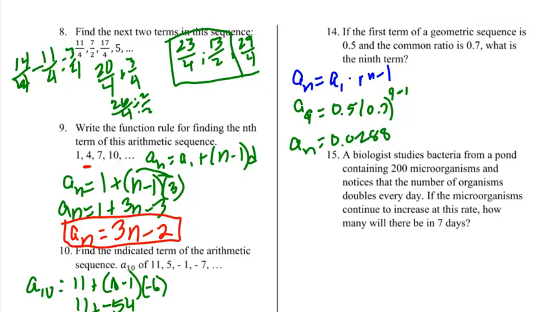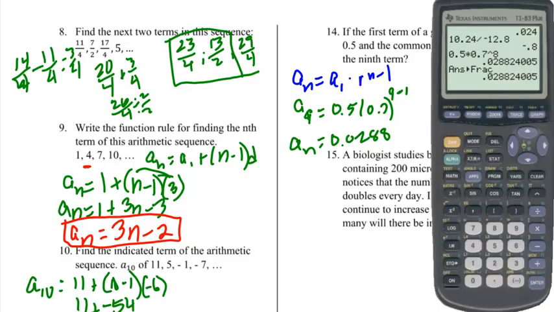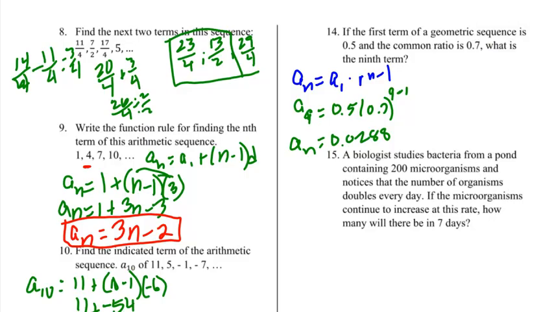Now, most times you're not going to have a long decimal like that, but in this case, we end up having that long decimal because of raising that to a bigger power.